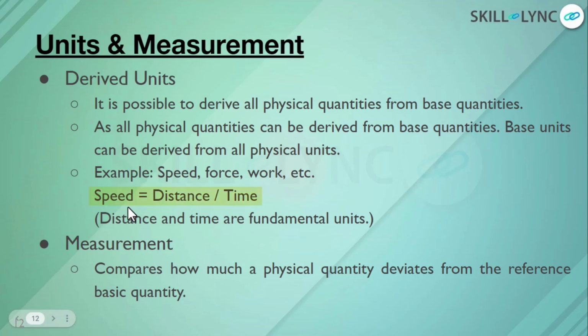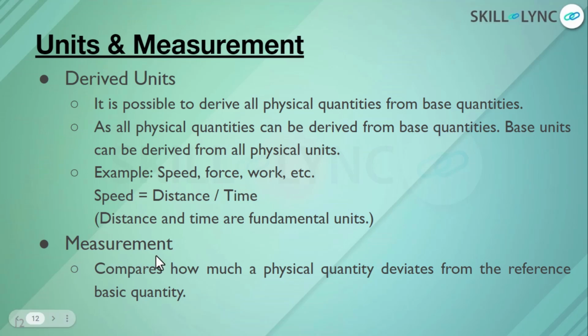We know that speed equals distance upon time, where distance and time are both fundamental quantities. Similarly, force. Force is defined as mass into acceleration. We are going to study this in future slides.